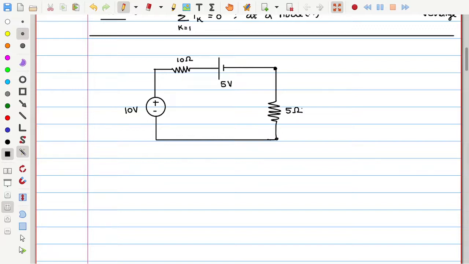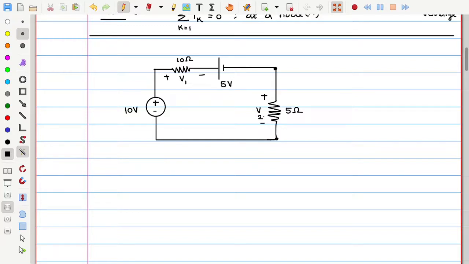Now you can make many ways. Let me consider this as some voltage. How much is this? Just let me take it in general as V1. This I'll take as V2, V1 and V2. So these are the given things in general.